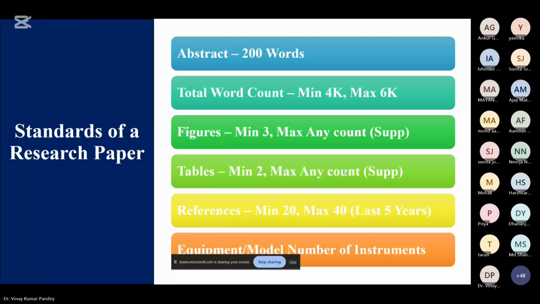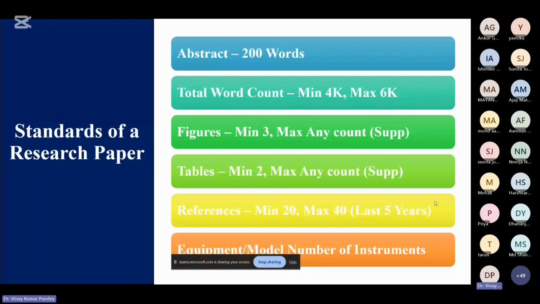Figures, again, in a research paper, you can add as many graphs you want. You can put minimum at least 3 to 4 figures or tables in your manuscript, and if you have more figures and tables, you can use them as a supplementary file, right? Reference, in a research paper, there's a limitation of references, like at least 20 to 25 references should be there.